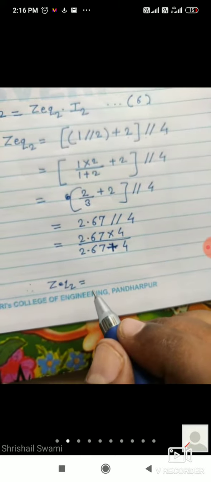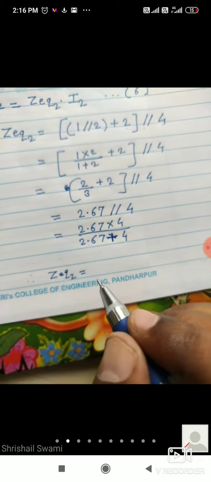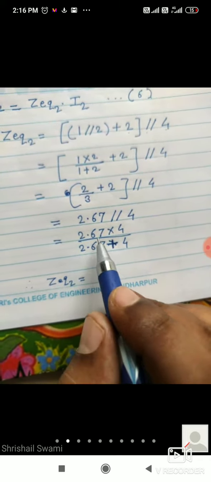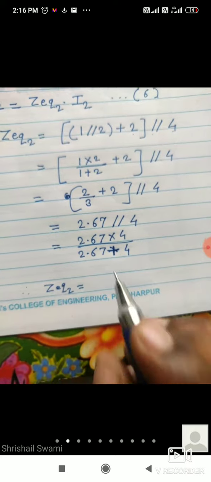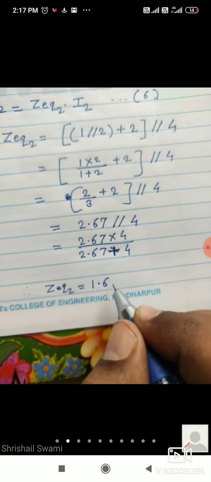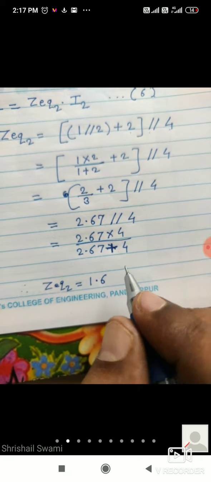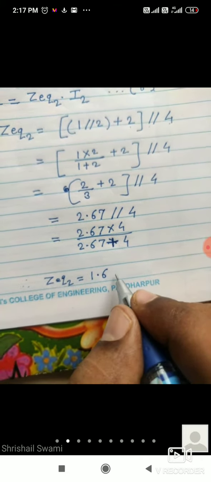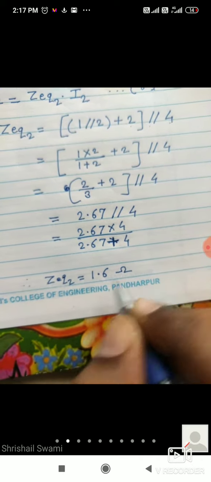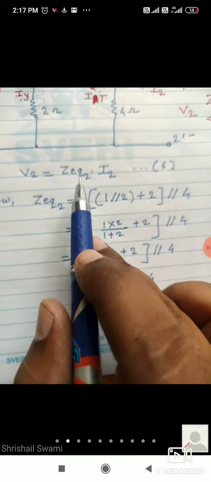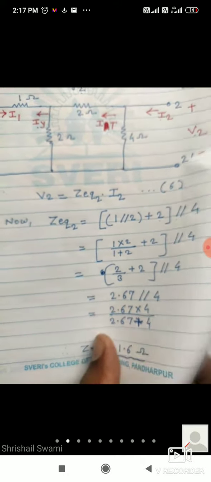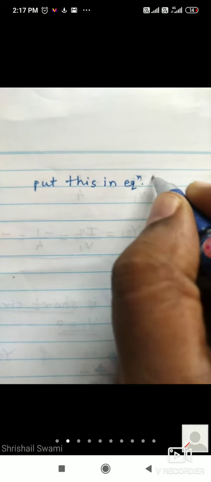Anyone calculated? 2.67 into 4 divided by addition of these two. 1.66. Correct? 1.6. Okay. 1.6 ohm. Now put this in equation number 6. या इक्वेशन 6 मध्ये ठेवा. तुम्हाला कुठला पॅरामीटर मिळेल? Y22 मिळेल. So put this in equation number 6.